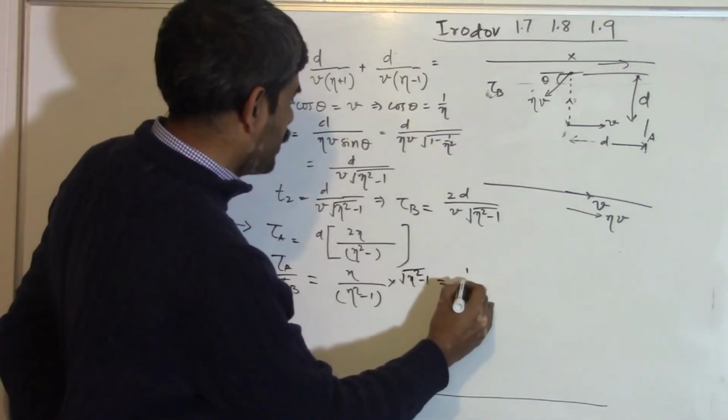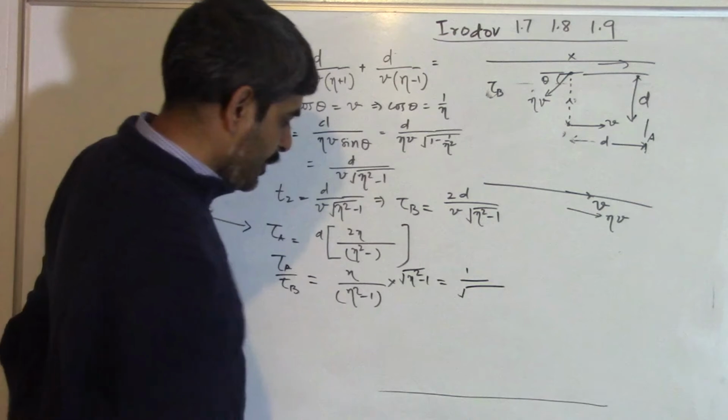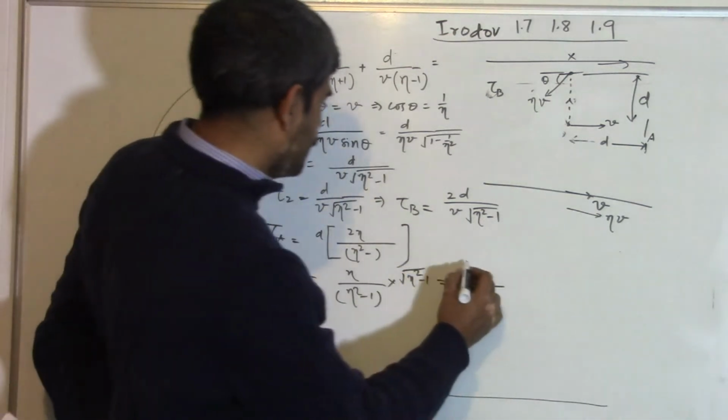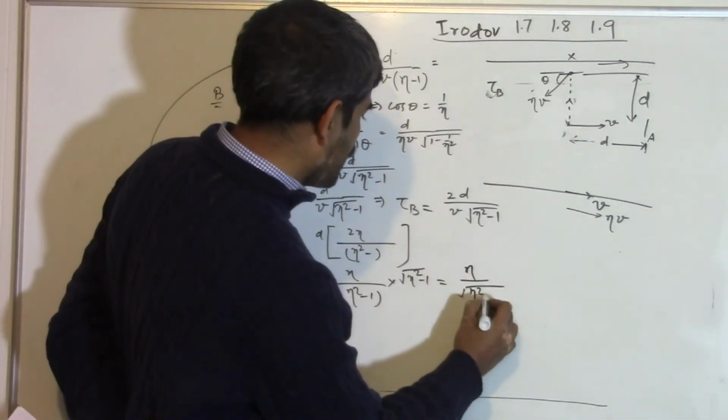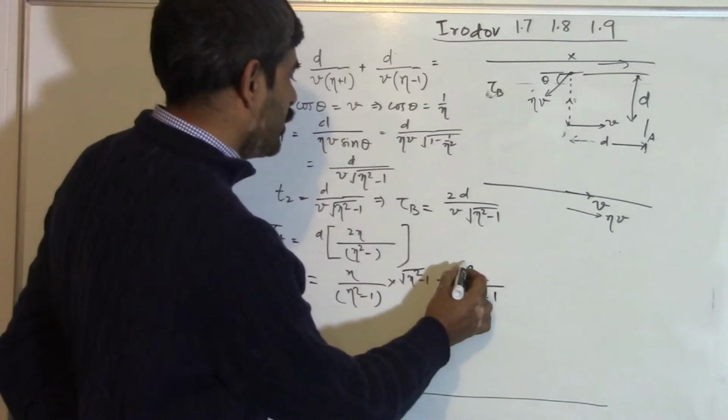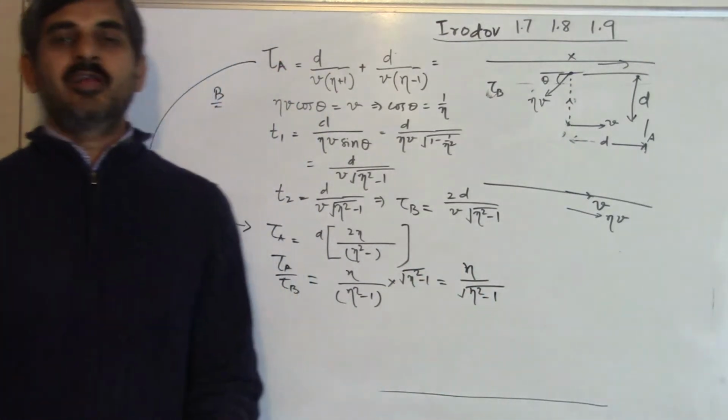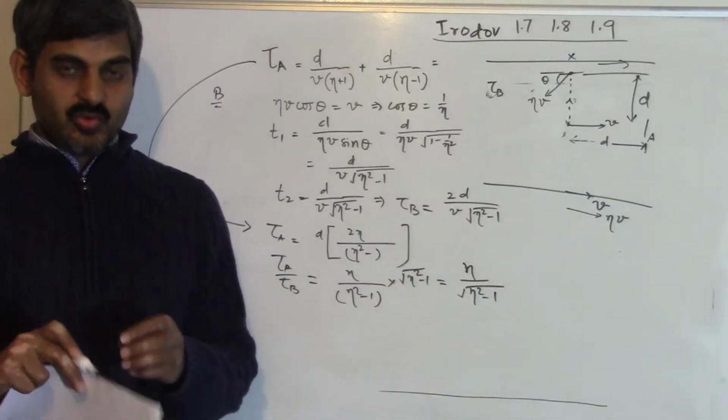This becomes 1 upon the square root of η divided by η squared minus 1. This is our answer. If you want, you can substitute the value of η as 1.2 to get the final answer.